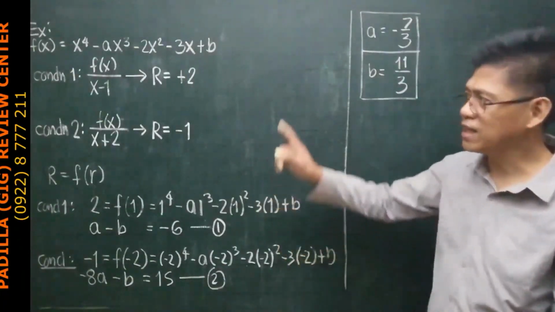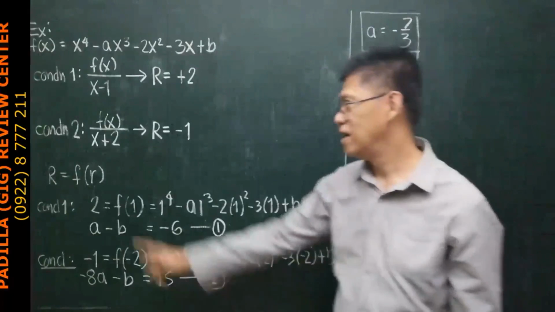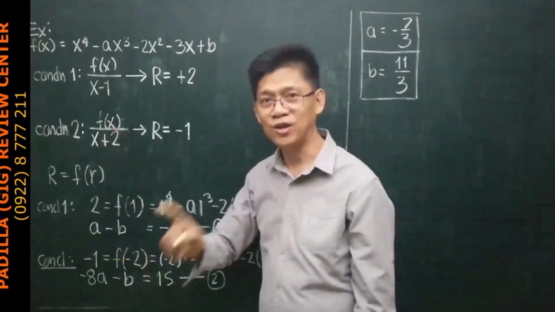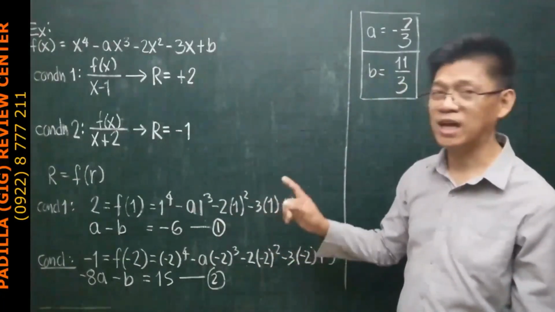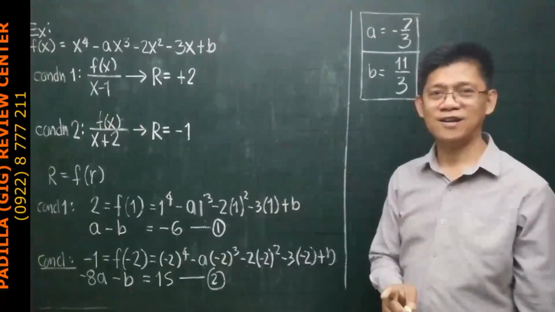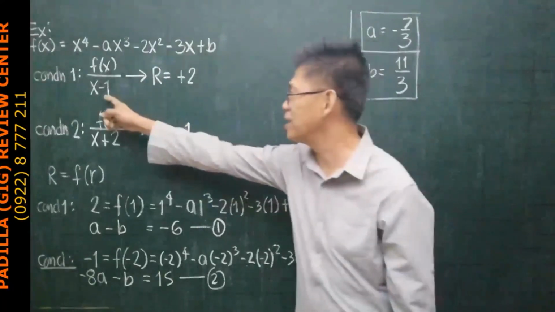So, basta what we divide is an algebraic function of x, and your divisor is first degree, your remainder theorem applies. So, remainder is f of small r. The r in f of r, you get from the divisor.